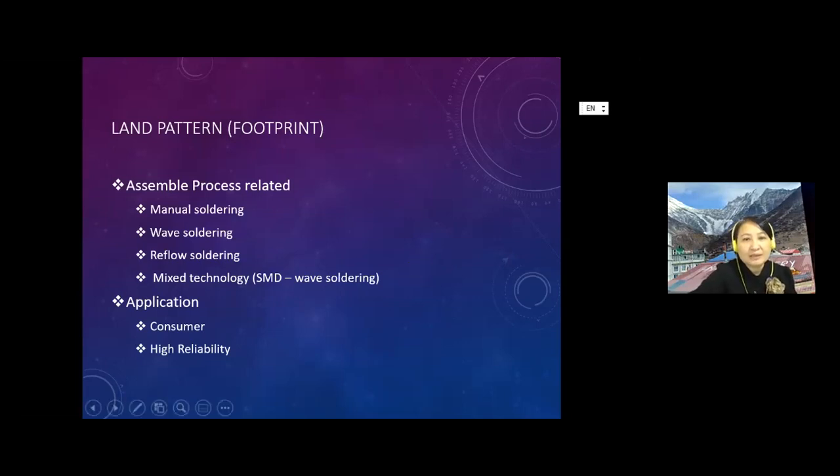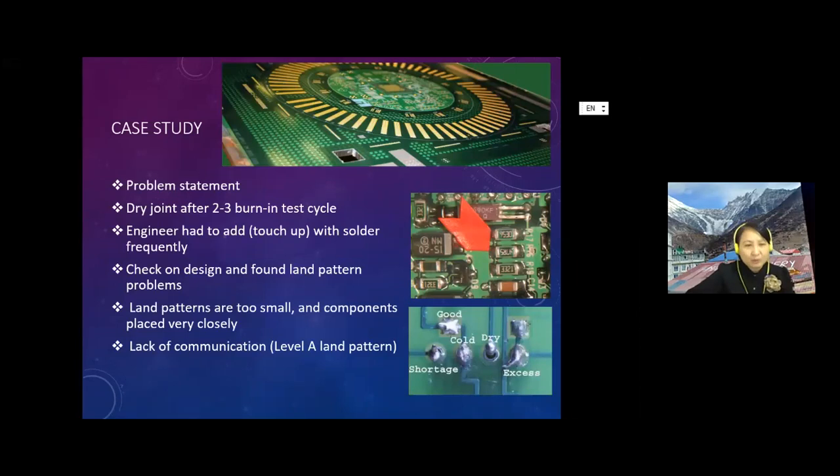So our last example, first let's look at the problem statement. We have this particular PCB board, and the process engineer has this terrible issue whereby they have a dry joint after 2 to 3 burn-in test cycles. So what's a dry joint?